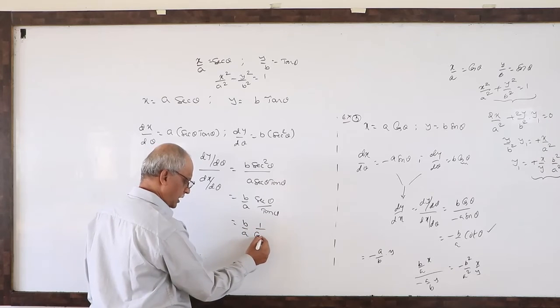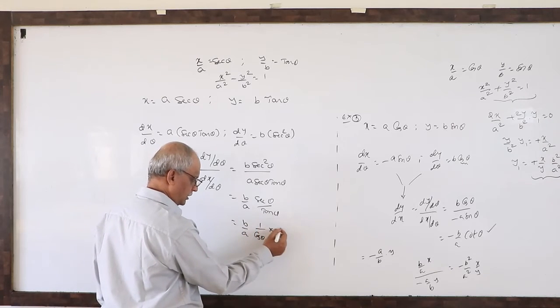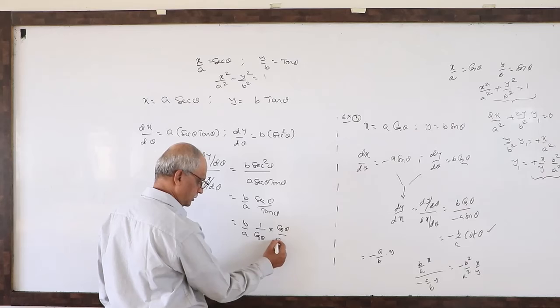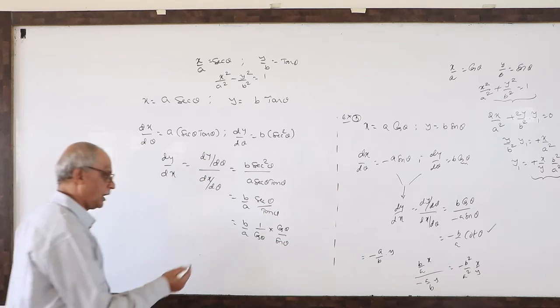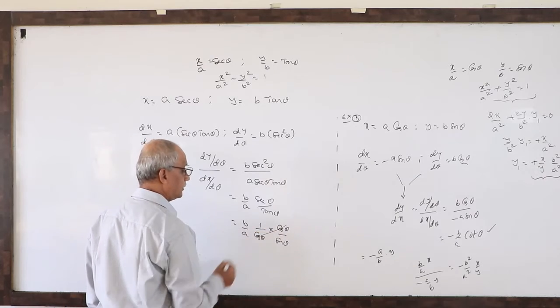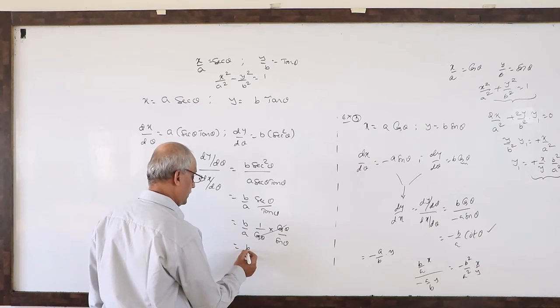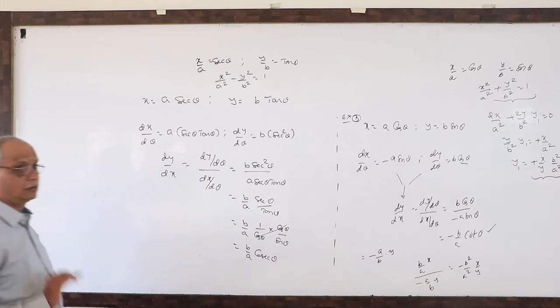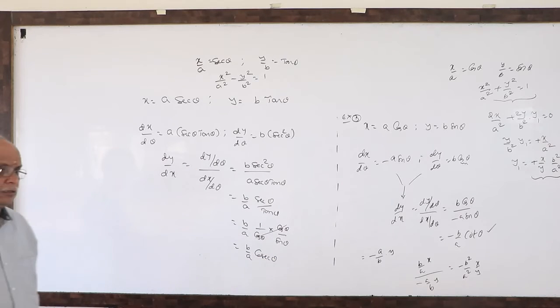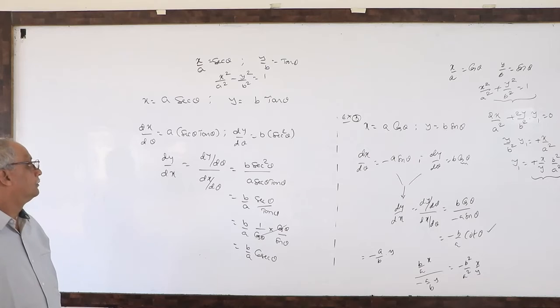Secant is 1 by cos and this is cos by sin, sin by cos, 1 by tan means cos by sin. Cancel. b by a, 1 by sin is cosecant theta. This is one answer in differentiation, the derivative.